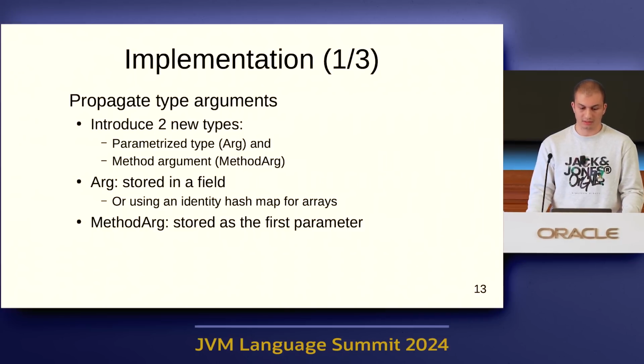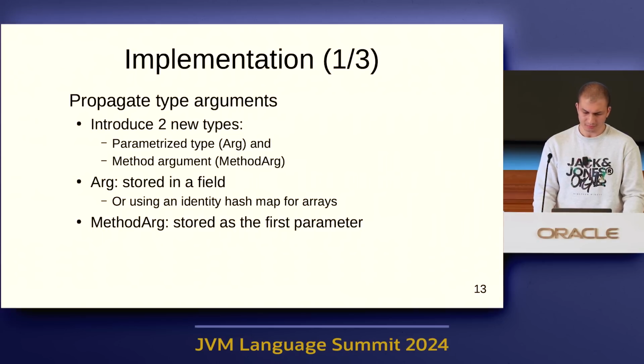The first one is the arg type, which will represent, among other types, the parameterized types, like List, Collection, and so on, and which will be stored in any parameterized type and retrieved when we need to use this information.